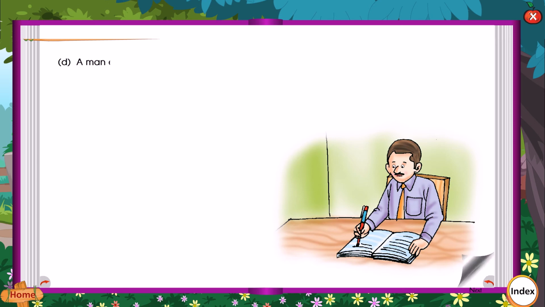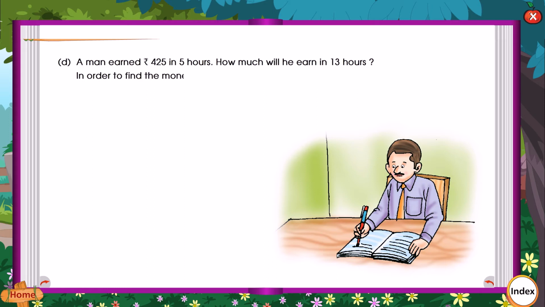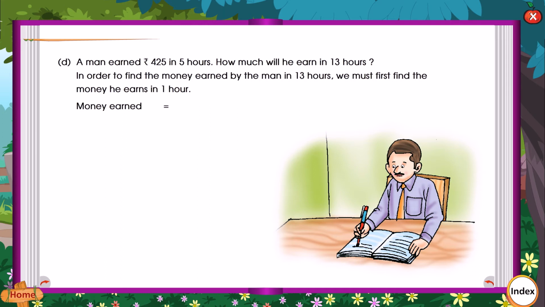D. A man earned rupees 425 in 5 hours. How much will he earn in 13 hours? In order to find the money earned by the man in 13 hours, we must first find the money he earns in 1 hour. Money earned is equal to rupees 425.